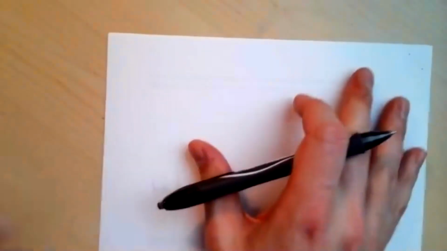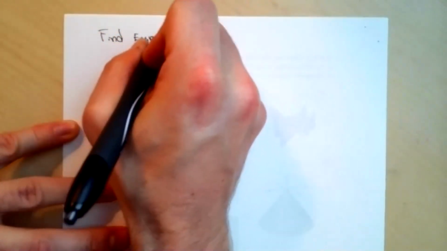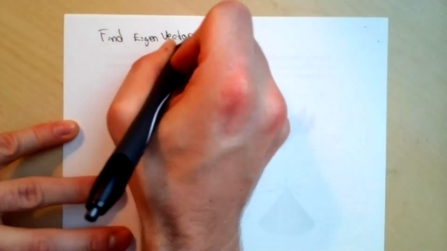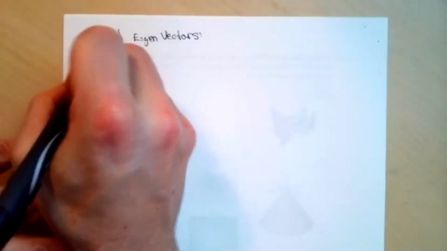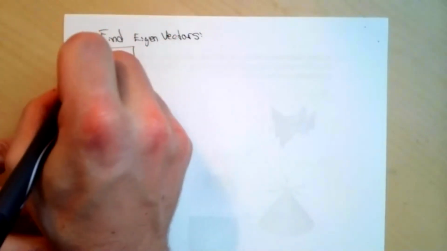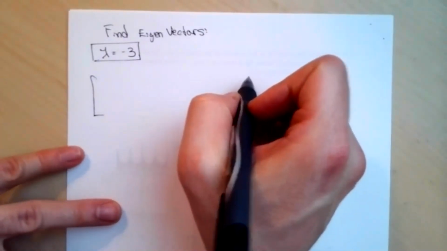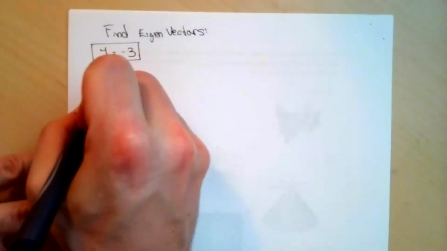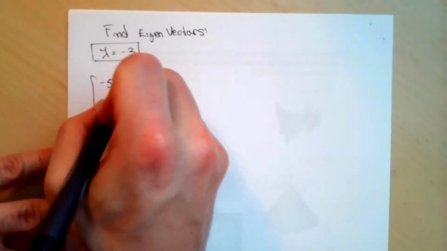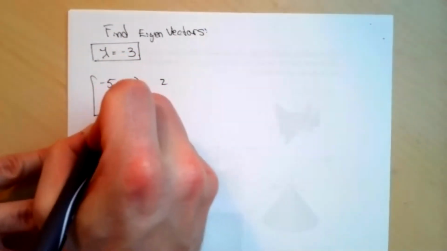Now we want to find the eigenvectors. So let's do lambda equals -3 first. What we want to do is take our matrix, so -5, and now instead of minus lambda, let's subtract off the actual value of lambdas we found.